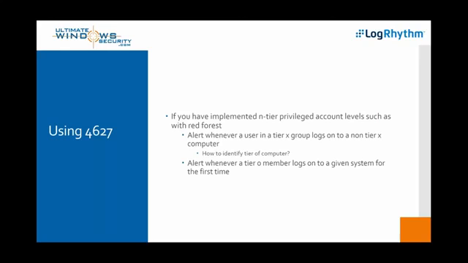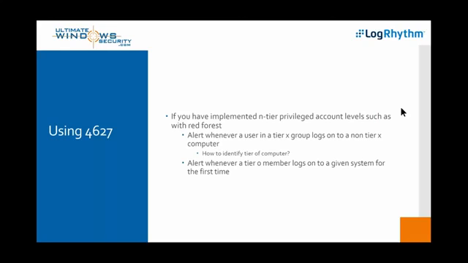Let's see here. So ways of using 4627, especially if you've implemented a tier 1, 2, or 3 privileged account level, such as with Red Forest, then alert whenever a user in tier X logs on to a computer that's not in tier X. How do you identify the tier of your computer? All right, here's the thing.